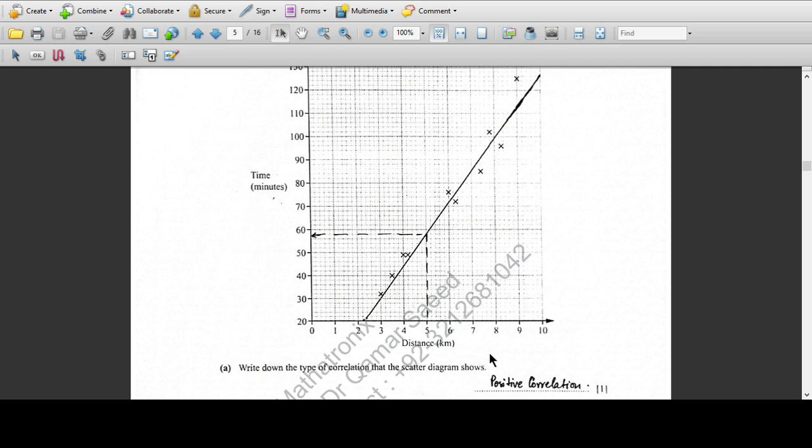So the correlation between distance and time is positive correlation.